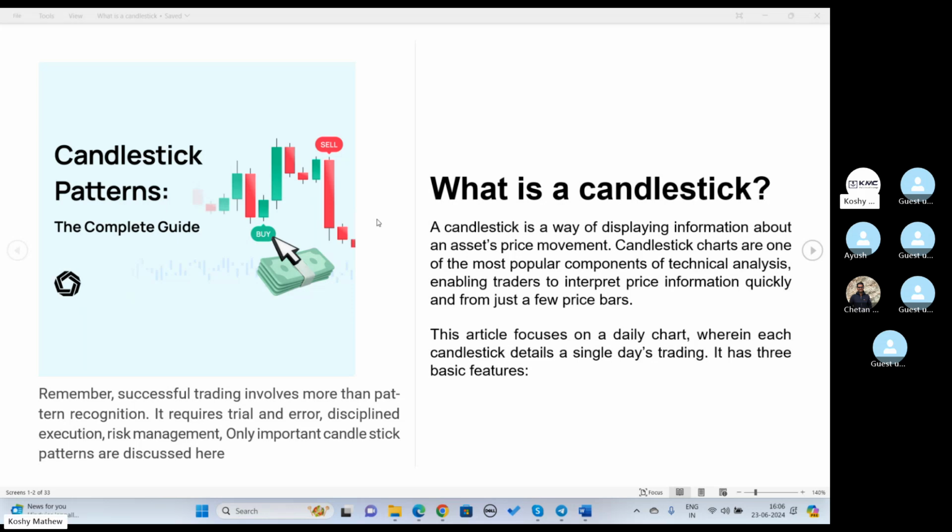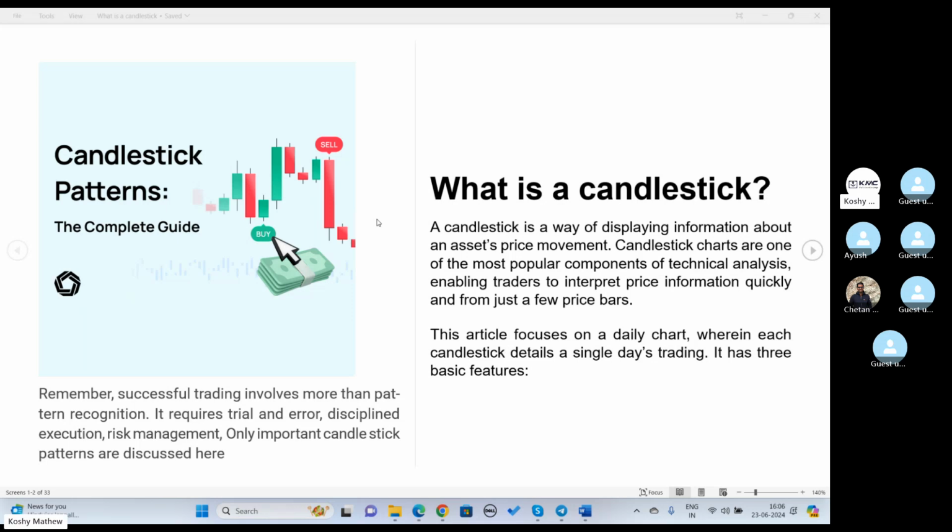Even just looking at the candlestick on a daily basis, we can come to a 60% or 70% conclusion about what the trend of the market could be tomorrow: an uptrend, a downtrend, or sideways. Depending on that, we can take a call just by looking at the candlestick pattern.